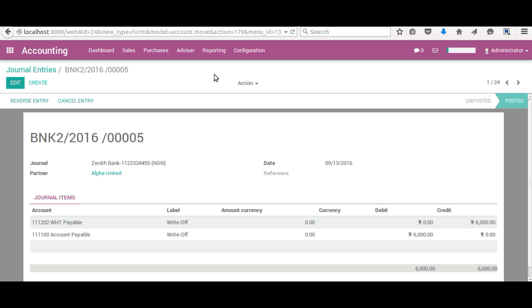Particularly in Nigeria, when a landlord tells you that his house rent is 1 million naira, the landlord assumes that the 1 million naira is net of withholding tax.